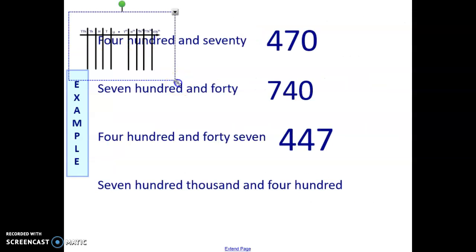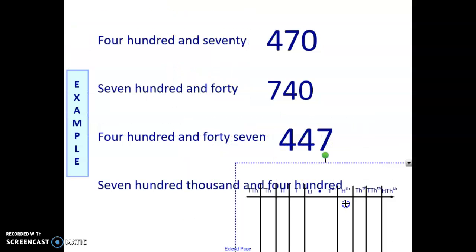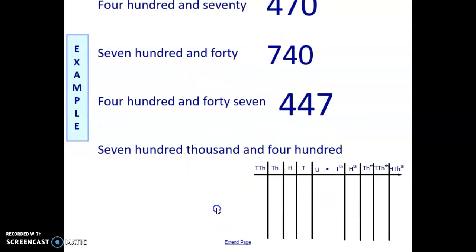I'll make this a little bit bigger so we can see quite clearly what we need to do. So the 7 goes in the hundred thousands column. Haven't even got a column for that, that goes all the way over here.